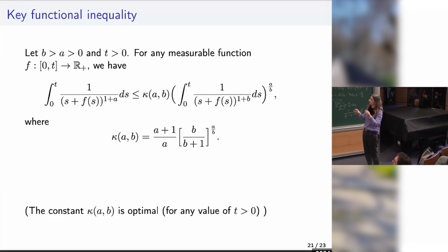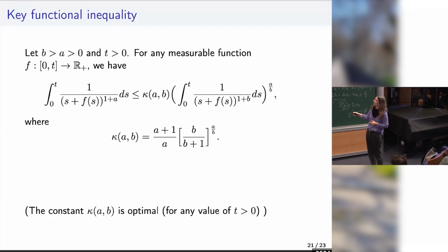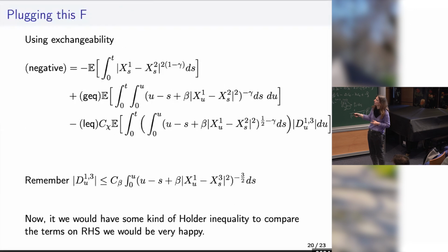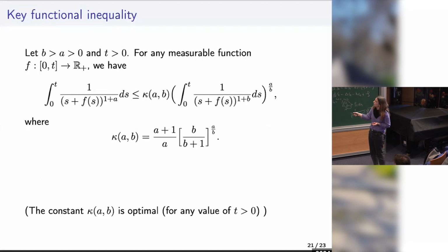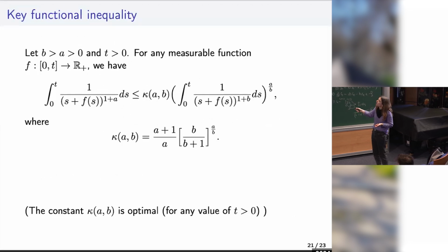And what you see here is some kind of a Holder inequality. I have this f, and you should think of it as the distance between two particles, okay? We want to compare those kind of terms where we start with something like this, we always want to increase the power here, and we need to pay something, okay? And f is positive. That's the only thing you know about it because it's the distance of two particles.